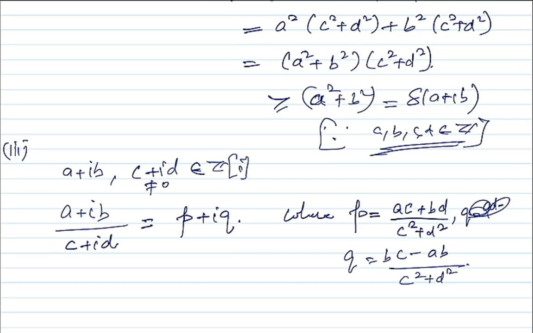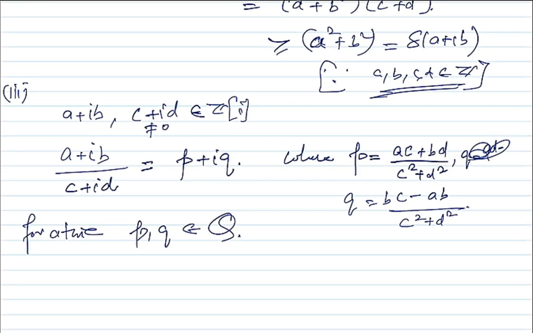Now, p and q need not be integers, these can be rationals. Generally, for example, 2 plus iota 3 upon 3 plus iota 4, you will rationalize with 3 minus iota 4, so you will get 2 times 3 is 6 and 12, 18, plus iota 18 upon 3 squared plus 4 squared, 9 plus 16, 25.